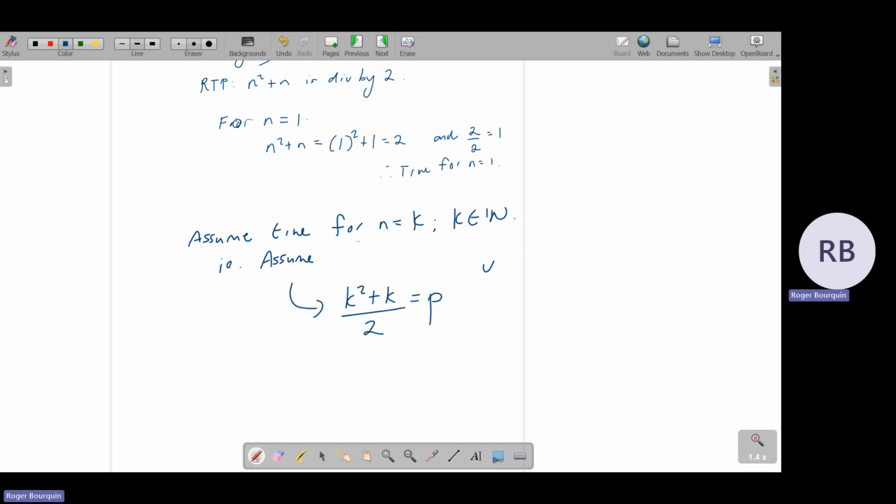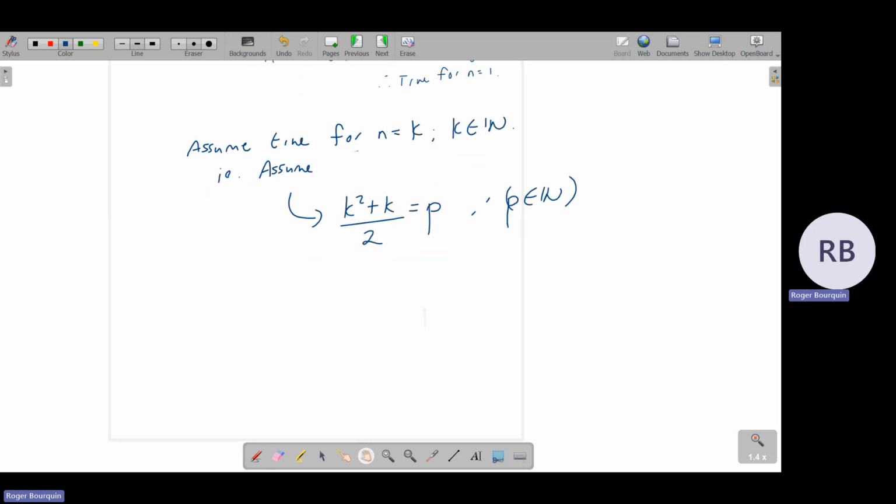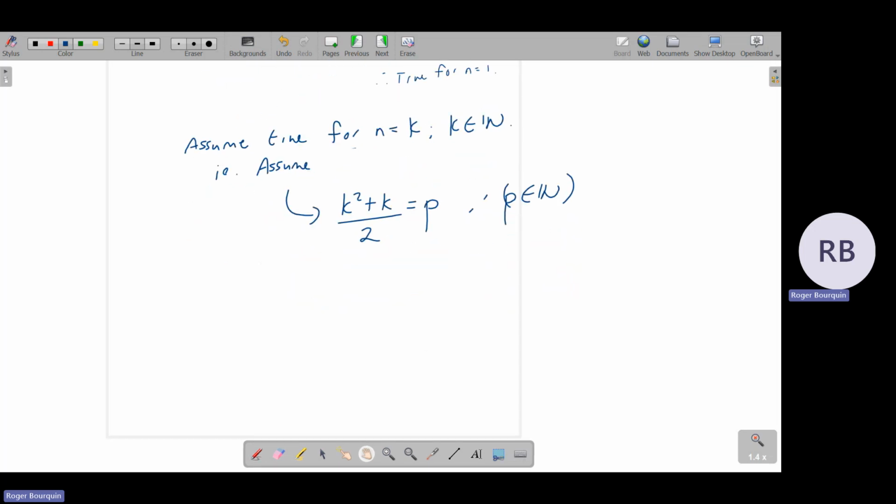And what type of t is this? Say k squared plus k is equal to 2t. We'll stop there for now. You might adjust this, just go back and adjust it.